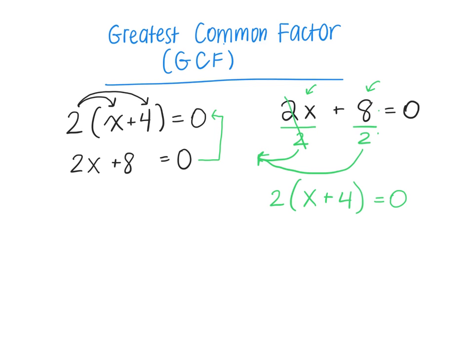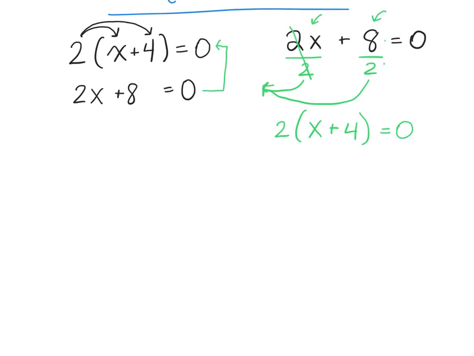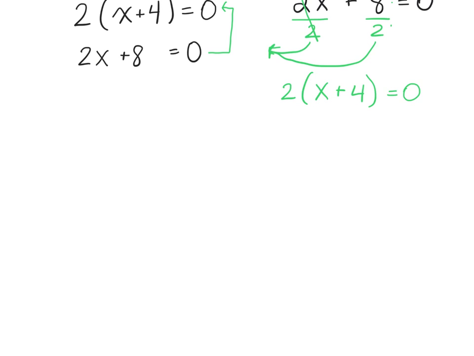So, 2 more ways we might see this. Sometimes it might not appear this easy. We might have something like 16x plus 64 equals 0. Here is how I could approach this. I know 16 and 64 look like pretty big numbers, but I know that I could remove a 2 from both.